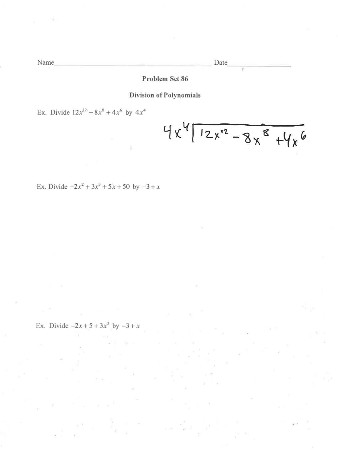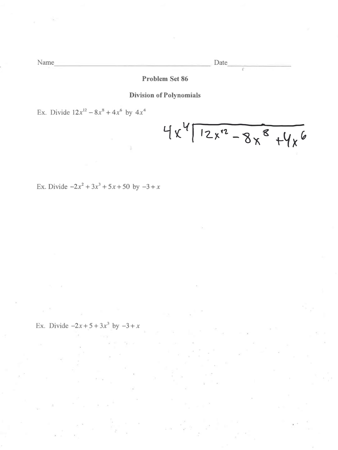Then I would do just exactly what I do when I do quote-unquote regular long division, which is that I cover up everything but the first term in the dividend polynomial, which is 12x to the 12th, and I say, okay, how many times does 4x to the 4th go into 12x to the 12th?